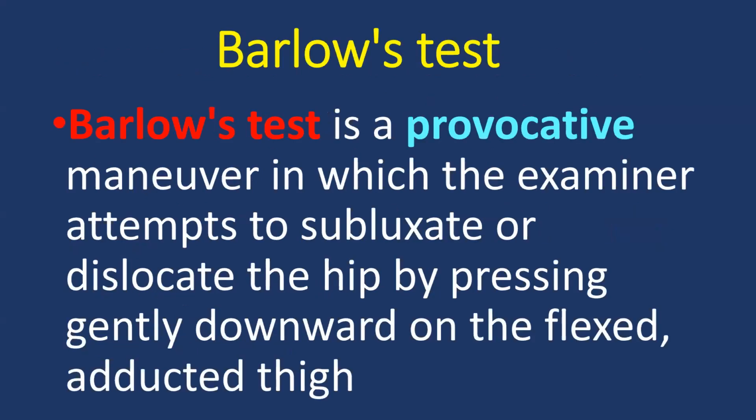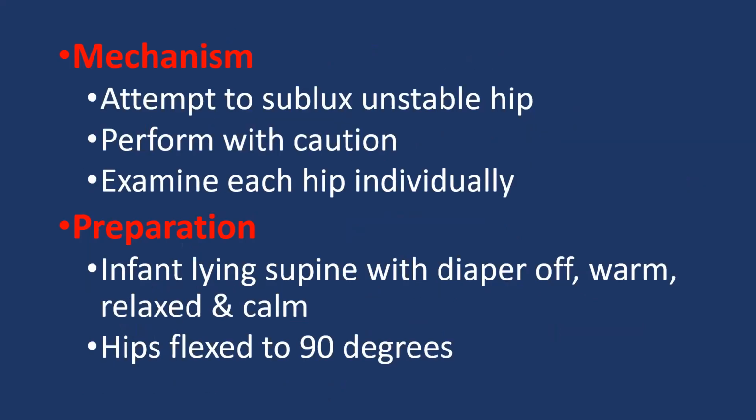Barlow's test is a provocative maneuver. يعني نحن عم نحركش فيها, in which the examiner attempts to subluxate or dislocate the hip by pressing gently downward on the flexed adducted thigh. The mechanism: attempt to sublux the unstable hip.